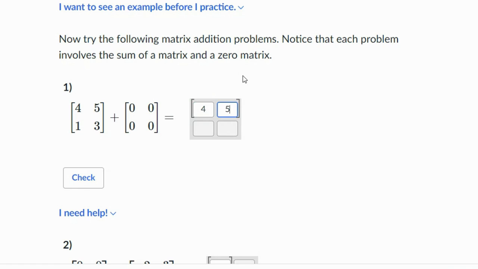Yeah, it equals exactly what you think it equals. Because when you add 0 to 4, you get 4. When you add 0 to 5, you get 5. It doesn't change a thing. So adding a zero matrix to another matrix is exactly like adding 0 to a different number. Anytime you add 0 to a number, nothing happens.